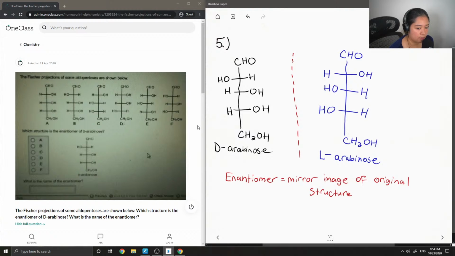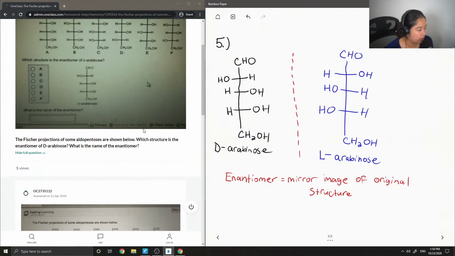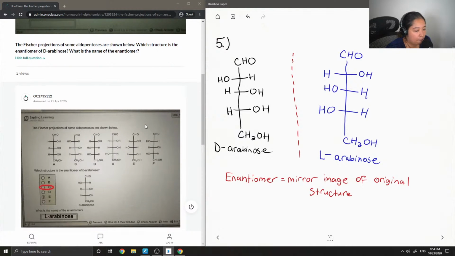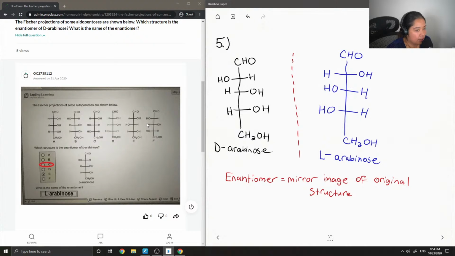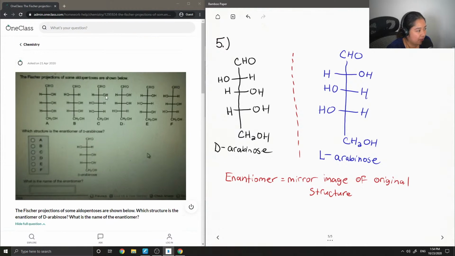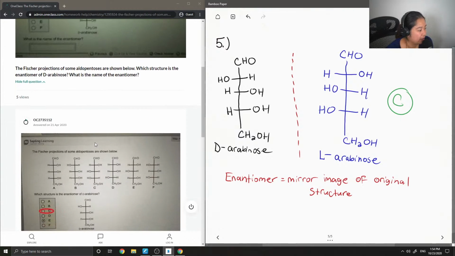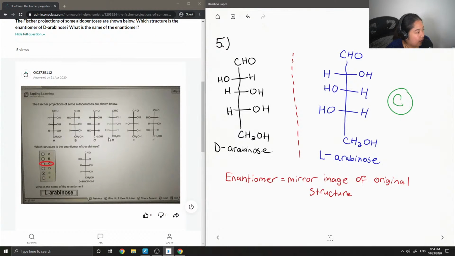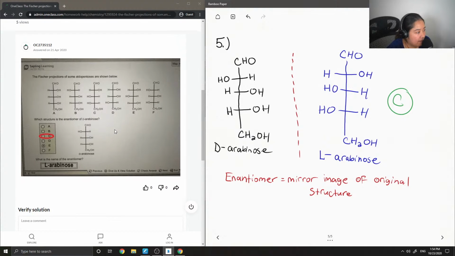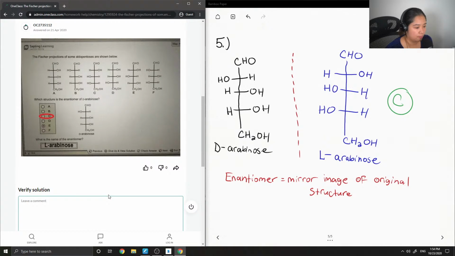Okay, so let's see the answer from our junior tutor. Oh yeah, I didn't even look at the options. So let's see the options here. Okay, so this is option number C. Okay, now let's look at the answer from our junior tutor. Okay, so they also pick C, L-arabinose. And then I'm going to say this solution is correct.